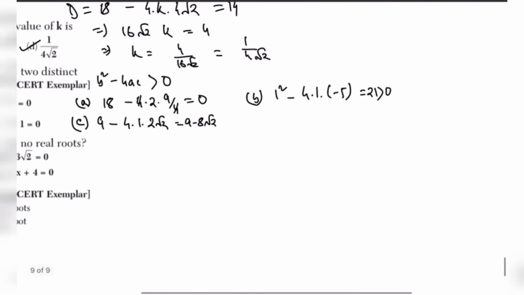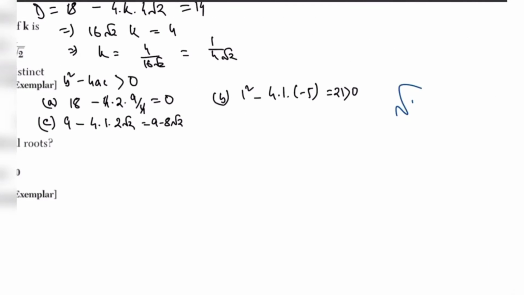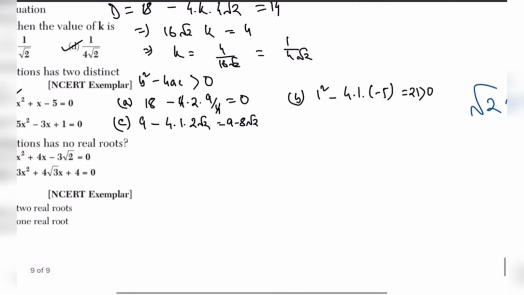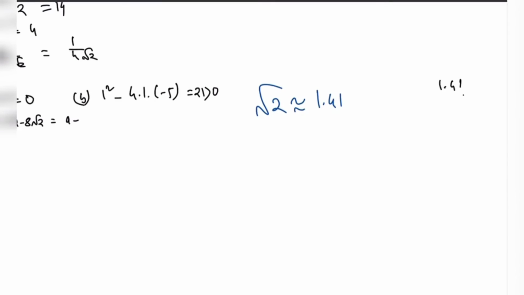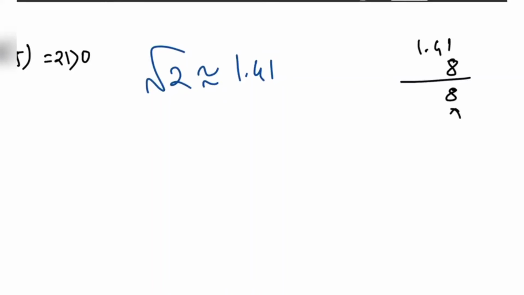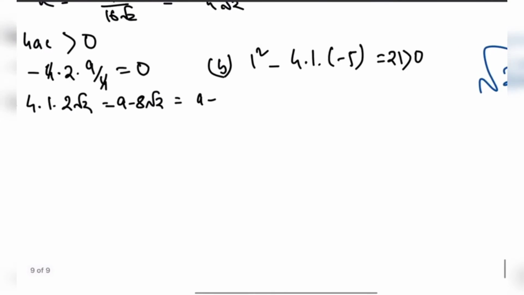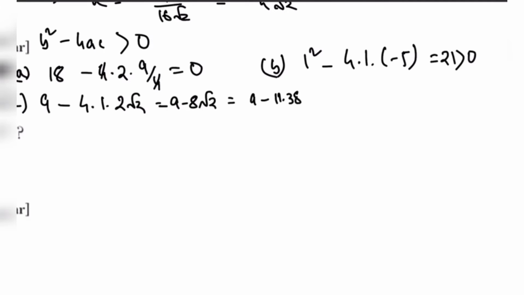So 9 minus 8 times 1.41. 1.41 times 8, so you have 8 here, and then 112 plus 1, 1138. So 11.38. 9 minus 11.38, which is clearly less than 0.